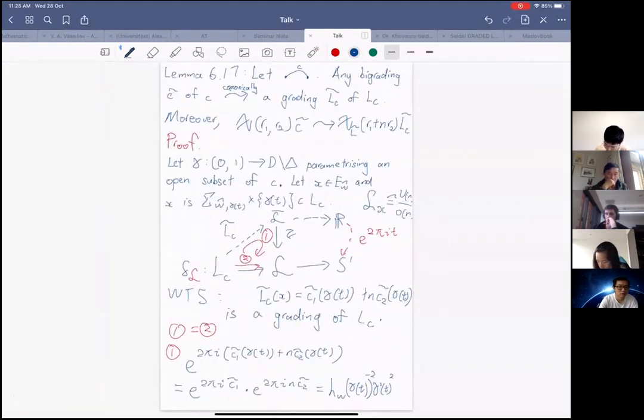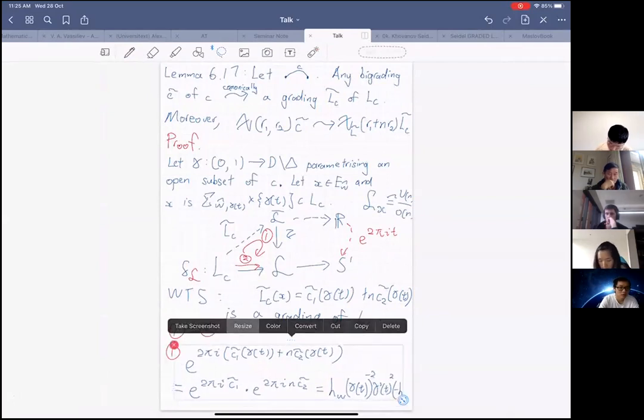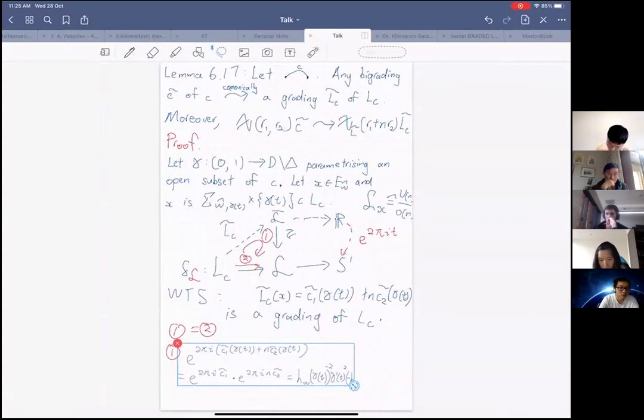And then multiply by minus h of w of delta t of n. I have n times.